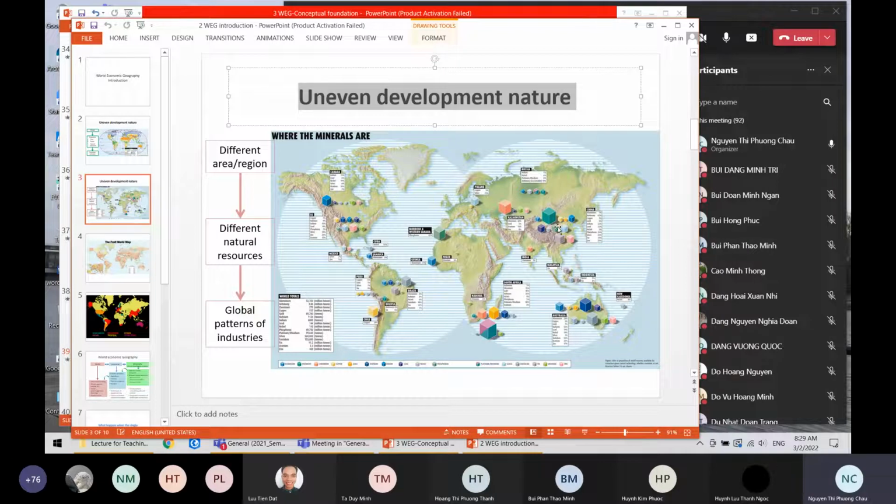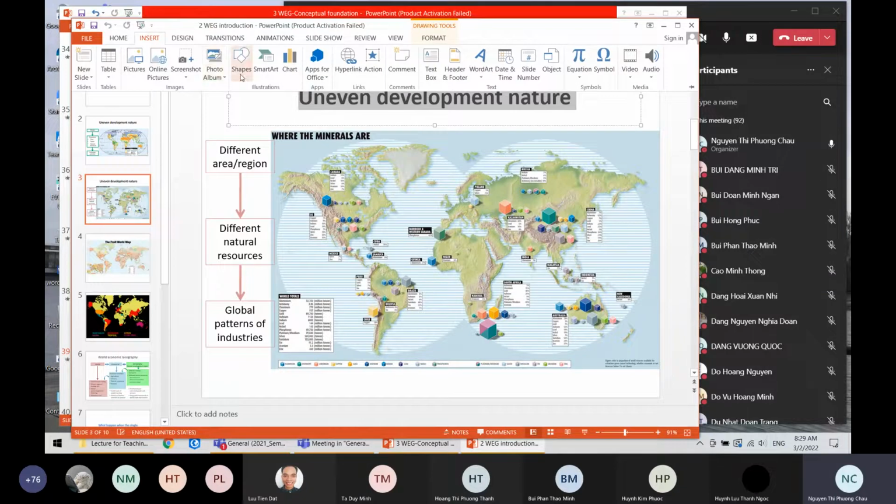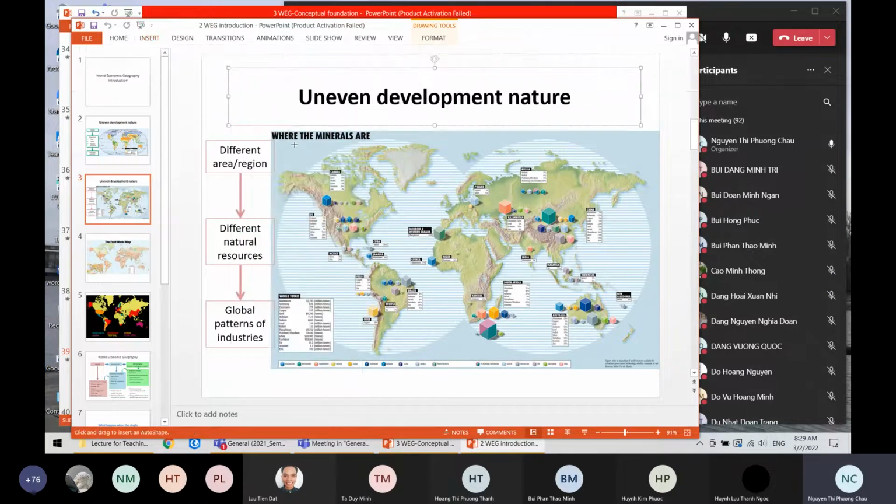Some places are dense with mineral resources, and others have less or maybe none. For example, here there are no resources or maybe very few. But with this area, which is located in China.